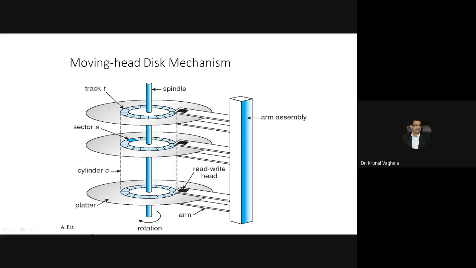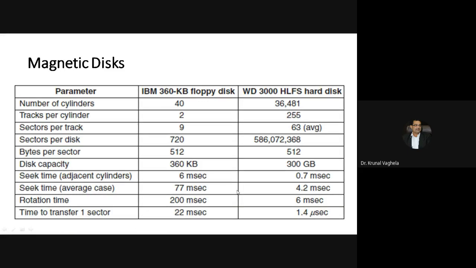So how can we sequence the requests so that minimum movement of the head is required and minimum rotation is also required? It is nothing but scheduling again: disk arm scheduling. If you compare, seek time is 4.2 milliseconds and rotation time is 6 milliseconds.